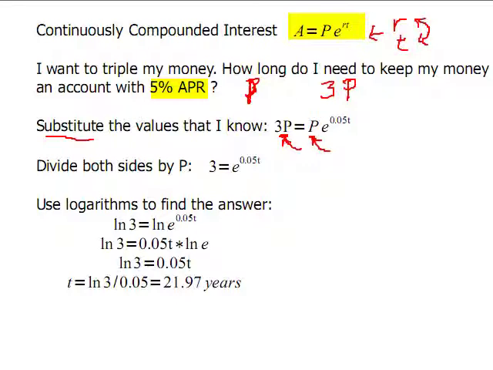Here's the deposit amount, which is just P because I don't have a value for it, times e raised to the 0.05t. The reason it's 0.05 is because annual percentage rate is 5%, so rate is the decimal equivalent, which would be 0.05. Now I can eliminate the principal here, this unspecified principal, by dividing both sides by P, and I get 3 equals e raised to the 0.05t.